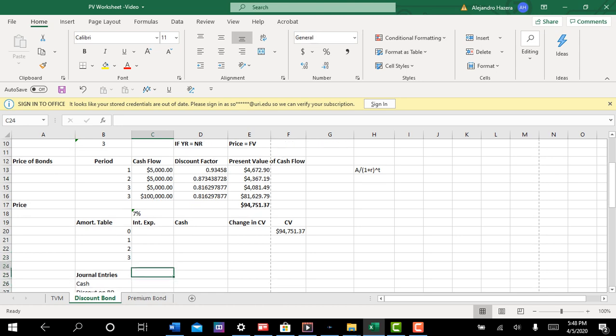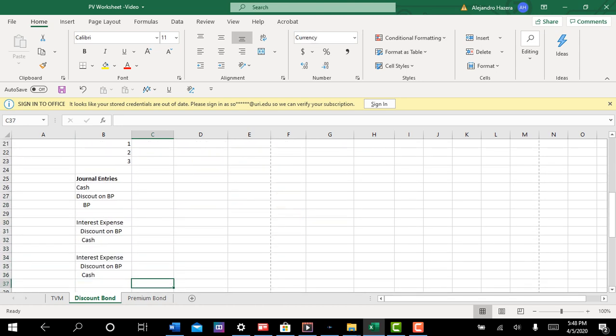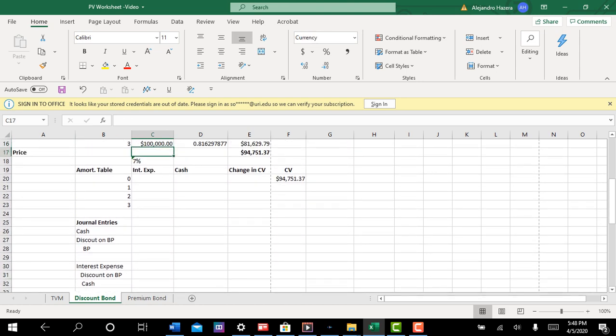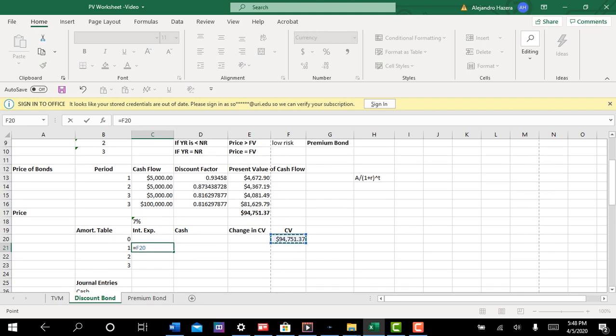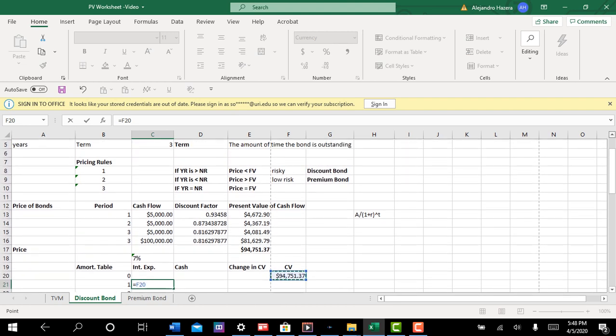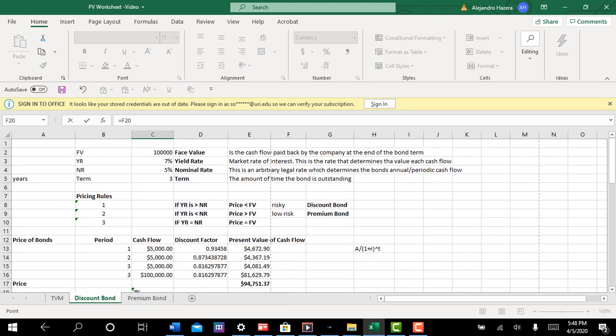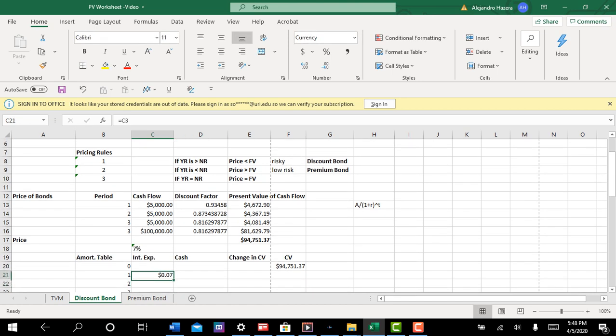So our debit to interest expense down here is going to reflect the market value of interest. Okay, and so to get this year's interest expense, we're going to take the carrying value of $94,751 and multiply it times the yield rate, which is that amount right there.